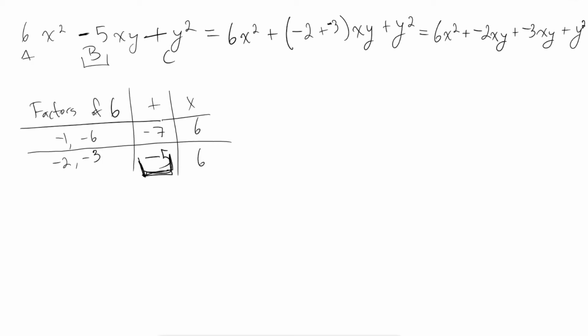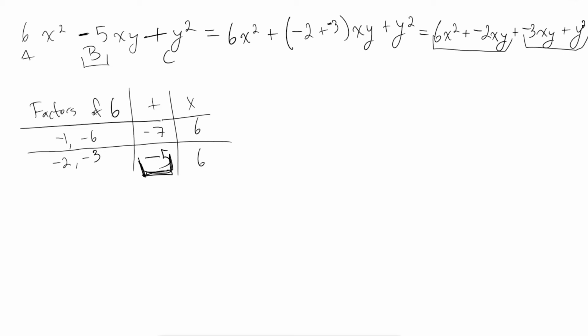My third step now is going to be grouping. So I want to group these two together and these two together and take out a common factor. So from the first one, I have 6x squared plus negative 2xy. It's usually a good idea to factor out your negatives. So I'm going to look at my numbers first. I can take negative 2 out of both of these.